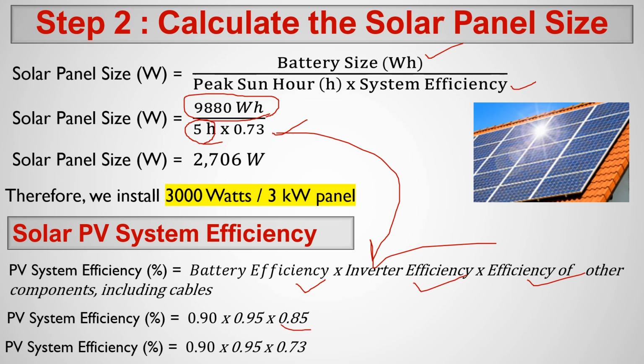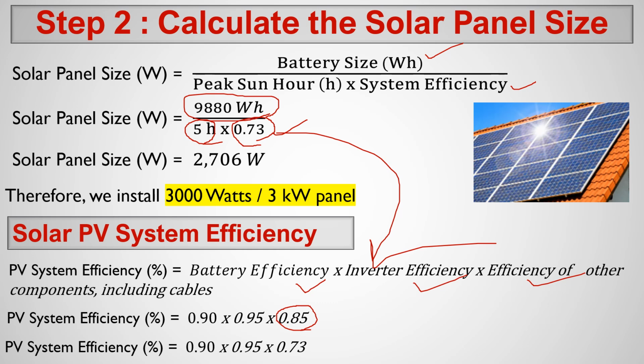Let's say 0.85 means 15 percent of the energy the solar panels produce is wasted in the cable, the wiring loss, I squared R loss, 5% is lost in the inverter, and 10% is lost in the batteries. So we need to account for all these values, then divide by this, so that we can produce more power to manage our 9880 watt hour battery size.